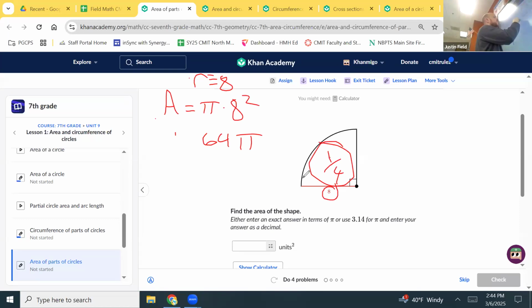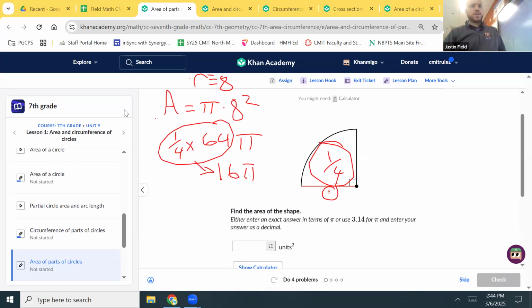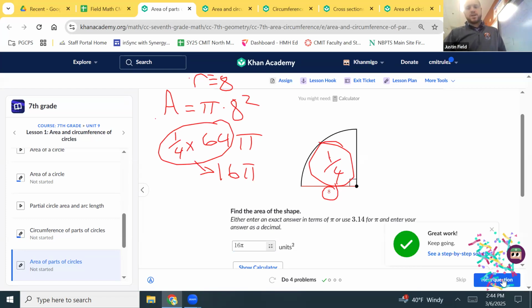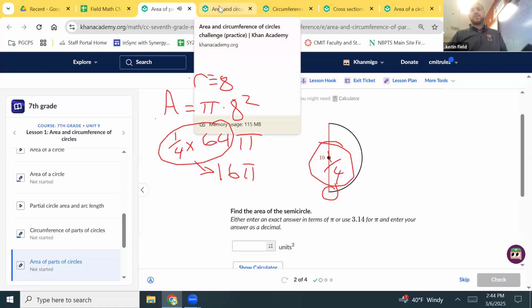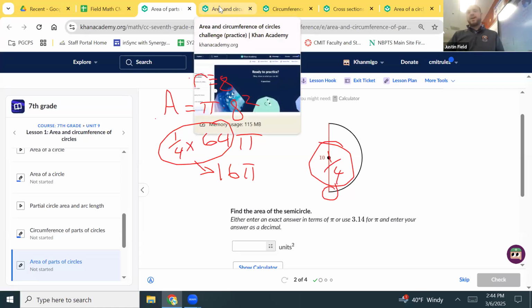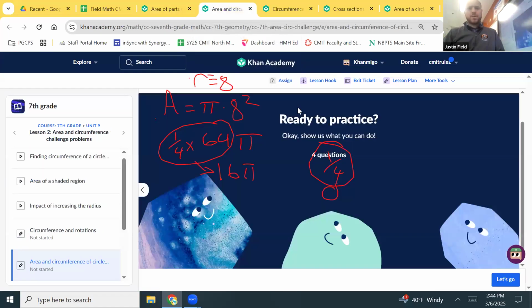So we want to multiply that by 1/4, which would be 16 pi. 64 times 1/4 is 16, right? So is it 16 pi? I just really like typing pi and watching it change to the pi symbol. All right, so area of parts of a circle, you got this. Find the area and use the fraction. And most importantly, have fun.